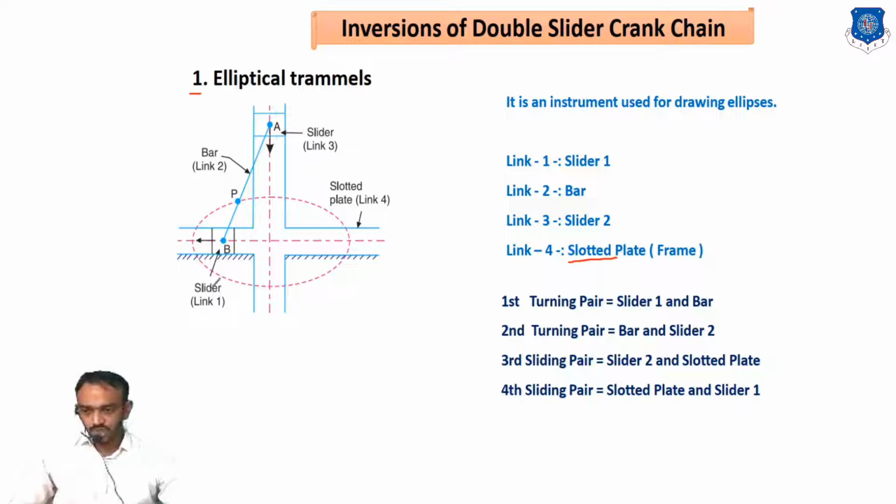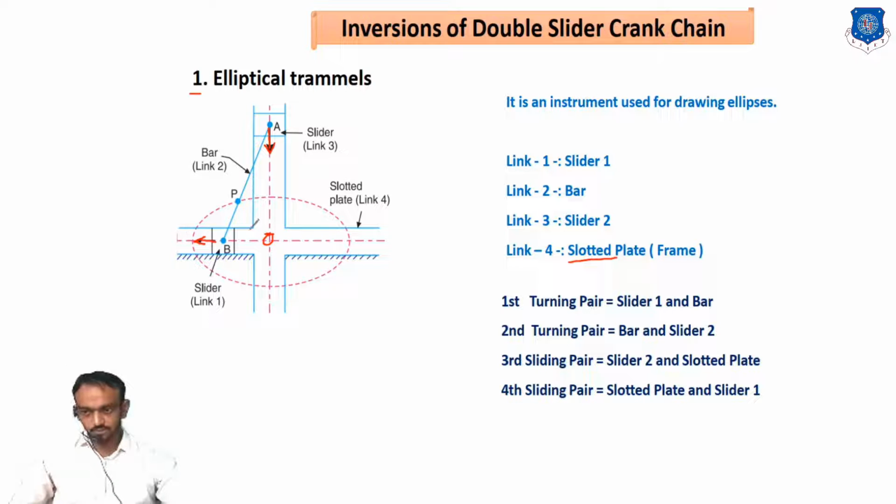Check this out. As the first slider moves in the outward direction, slider 2 moves downward. When slider 2 reaches the center point, slider 1 will be at its extreme position.